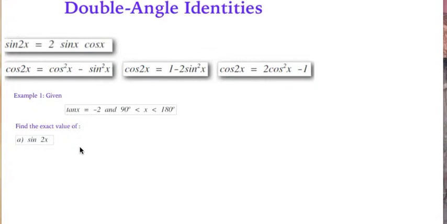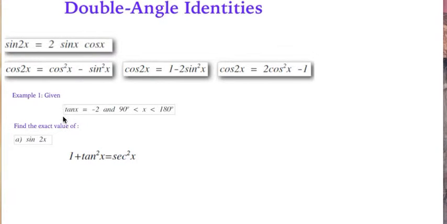Can you remember any identity relating tangent to secant? So this is your relation: 1 plus tangent squared equals secant squared.